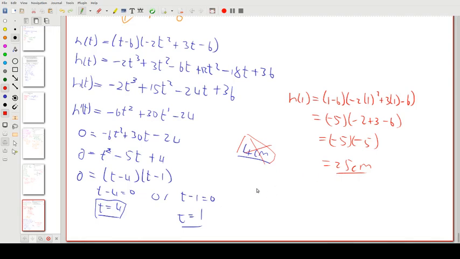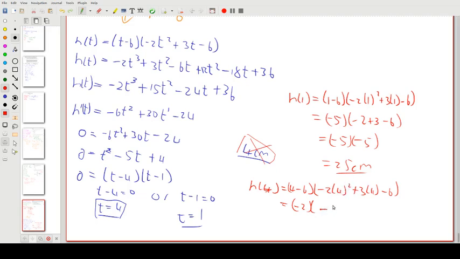Now let's try when t equals 4. So let's do h of 4. So that gives us 4 minus 6 times negative 2 times 4 squared plus 3 times 4 minus 6. And what does that give us? 4 minus 6 is negative 2. And we've got negative 2 times 16.